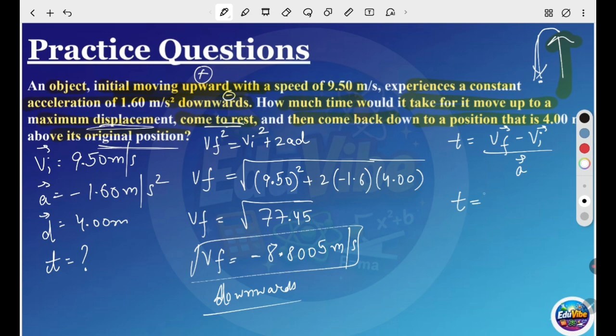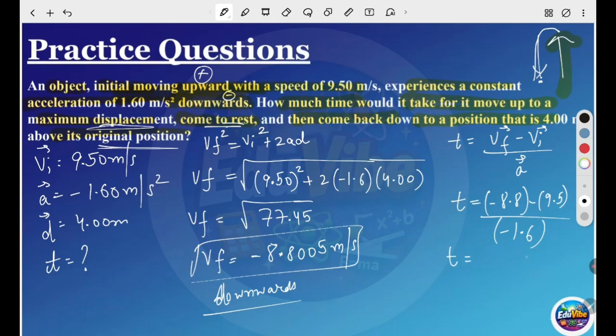Now here the final is 8.8 something. We write the rounded value, but we have to take the unrounded value to calculate the answer. It varies the answer if we take the rounded value. And we have initial velocity of 9.5 and we have acceleration of 1.6.